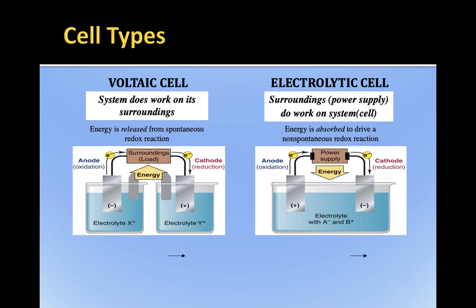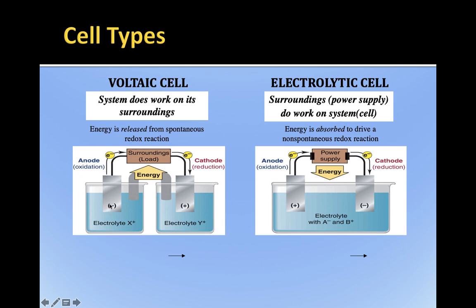Our big differences within the cells themselves. For our voltaic cell, we've got two different half reactions and then connections via this external wire. For our electrolytic, it's one pot, but we're still seeing oxidation at the anode, reduction at the cathode for both. The only big difference beyond that, one pot versus two pots, is our denotation on the anode or electrodes themselves.